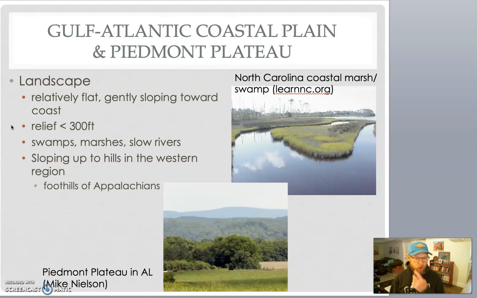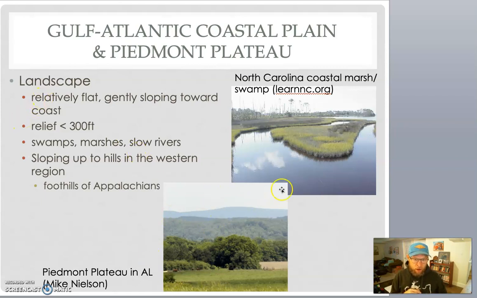These landscapes are relatively flat in these two physiographic regions. As you move from the Gulf Atlantic coastal plain to the Piedmont, it's just a long, gradual increase in elevation from the coast. And then the Piedmont Plateau takes you through to the foothills of the Appalachians, where you then get greater elevation change.